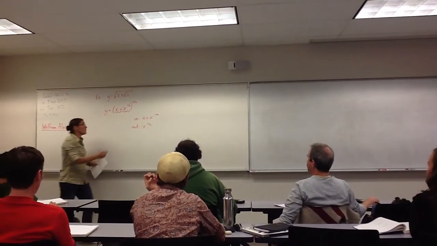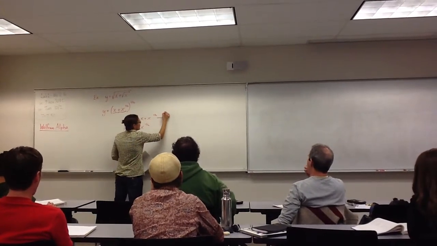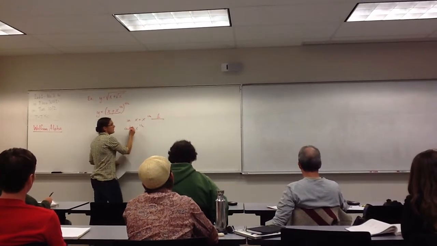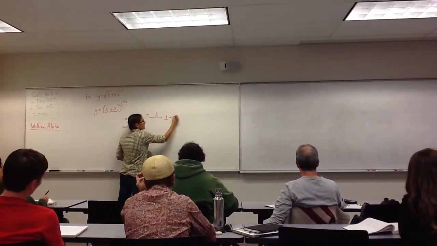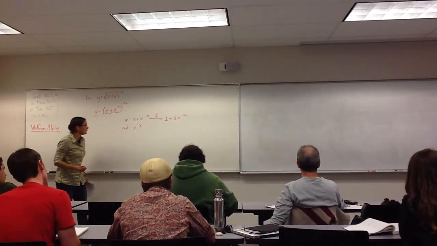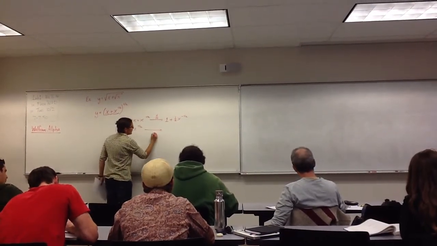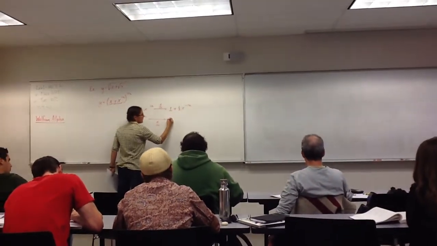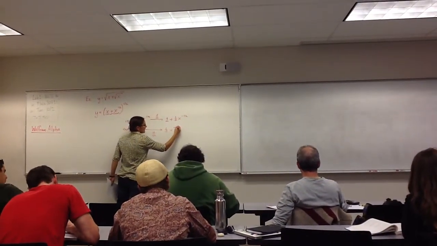Okay. So part of my side work here is that I'm going to need to take the derivative of the inside portion. So the derivative of the inside is going to be 1 plus 1/2 x to the negative 1/2. And the derivative of my outside function will be 1/2 x to the negative 1/2.